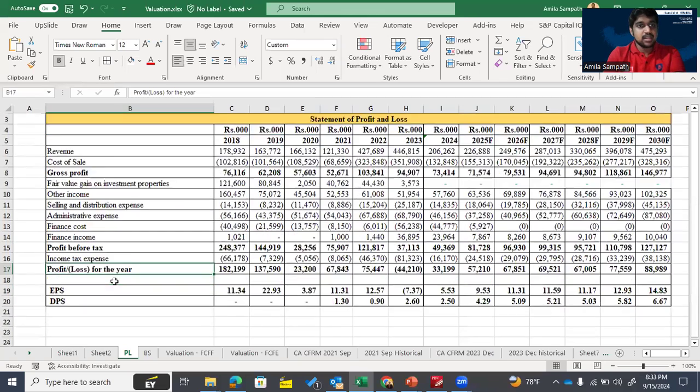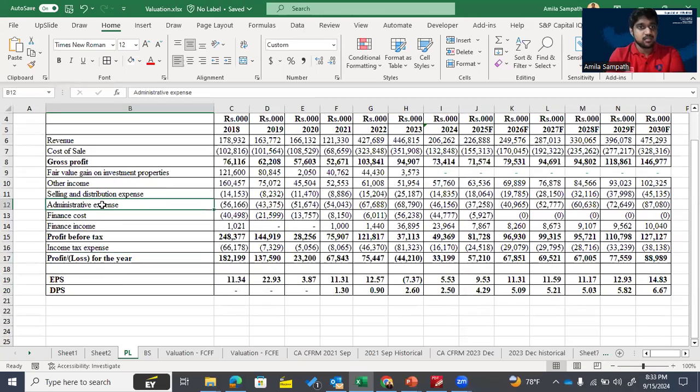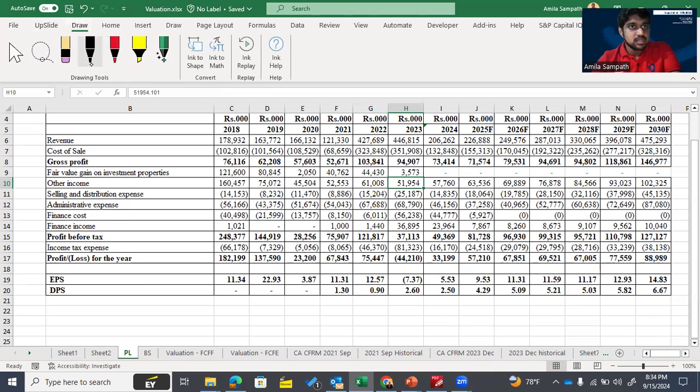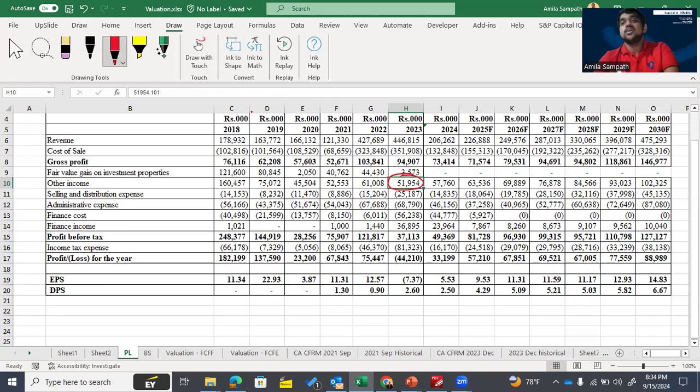For example, let's assume under other income in financial year 2023, the total other income is 51,954. Let's assume this 51,954 includes an insurance claim received of 10,000.